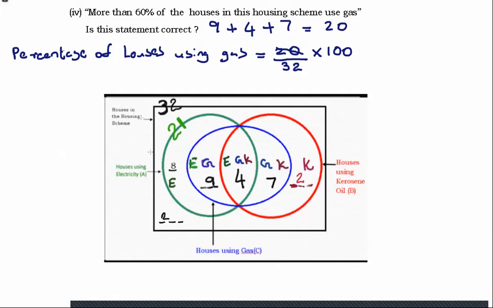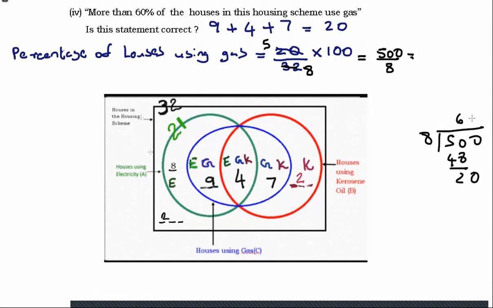We can cancel by 4. That's 5 and 8. So 5 times 100, that's 500 divided by 8. So what's 500 divided by 8? It's 62.5, right? So what's the percentage of houses using gas?